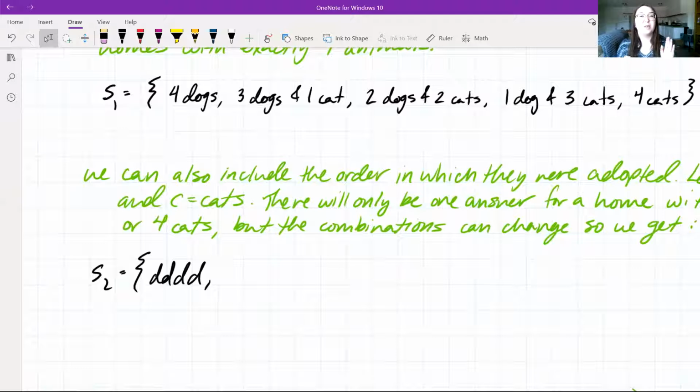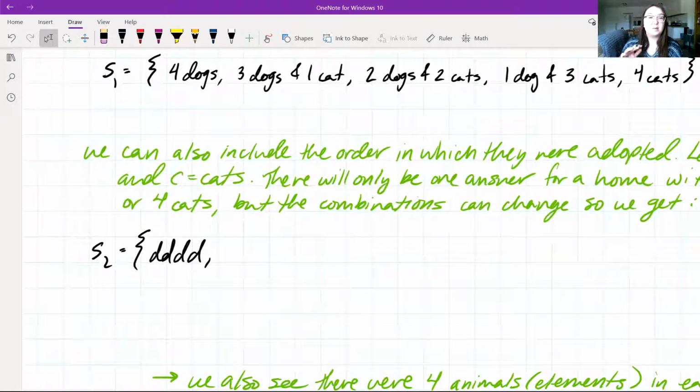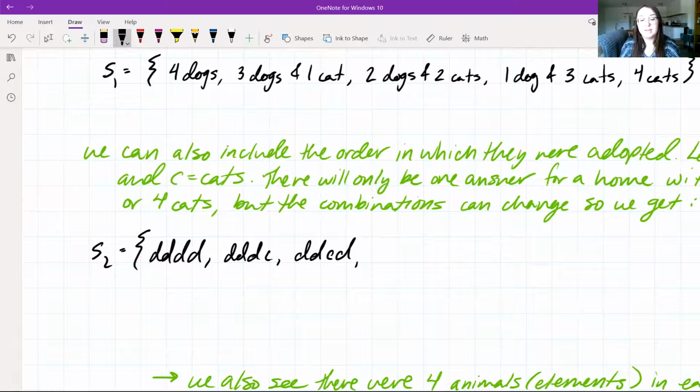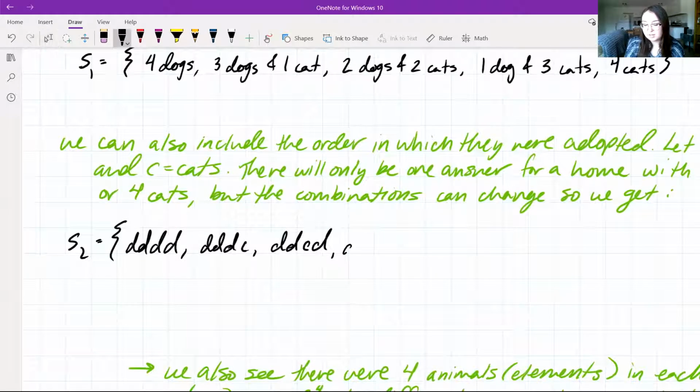So we need to find all the combinations of this one subset here of 3 dogs and 1 cat. So let's say that we adopt the cat last. So let's say dog, dog, dog, cat. Okay, well that's 1. Now let's do the cat is 3rd. So we can say dog, dog, cat, dog. Now let's say the cat is 2nd. So dog, cat, dog, dog.